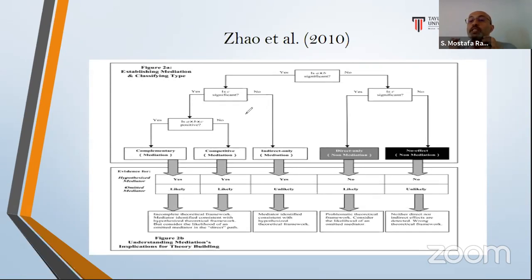If both signs are the same, both positive or both negative, our mediator is a complementary mediator. But if the signs of the indirect and direct effect are different, are opposite, the mediator is competitive. So it means the mediator and the direct effect compete for transferring the effect of X to Y.